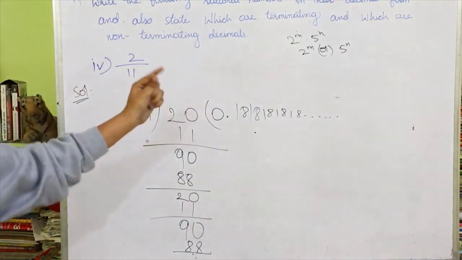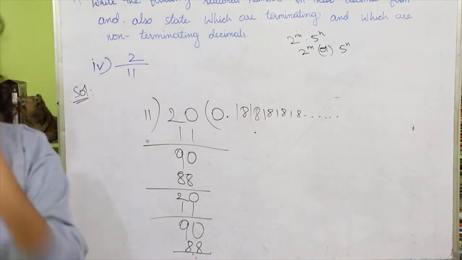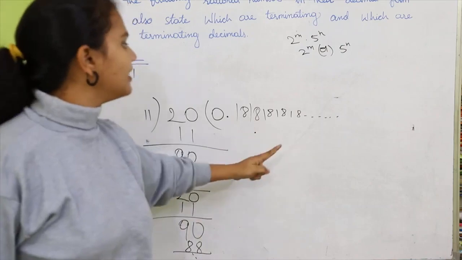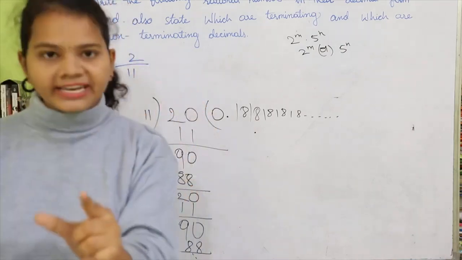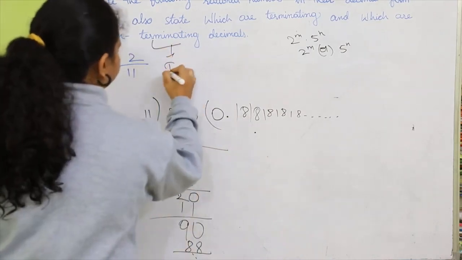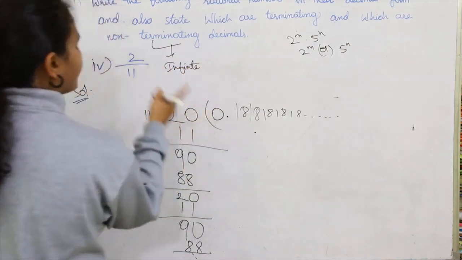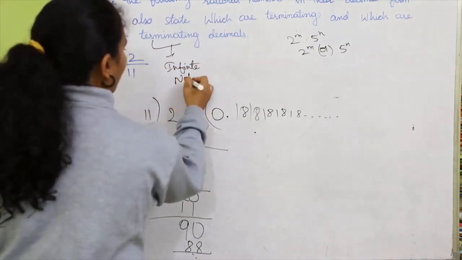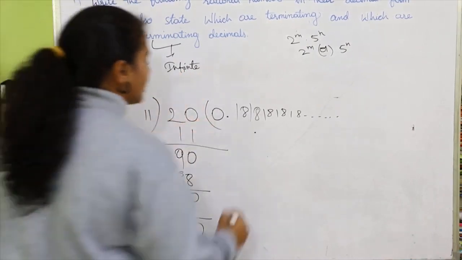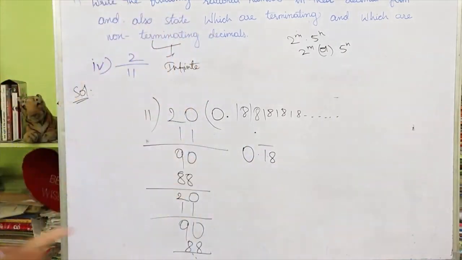The values keep going and there is no end digit, so it has infinite digits. Therefore I can write this answer as 0.18 bar. Bar means it goes on, right? So therefore I can write it.